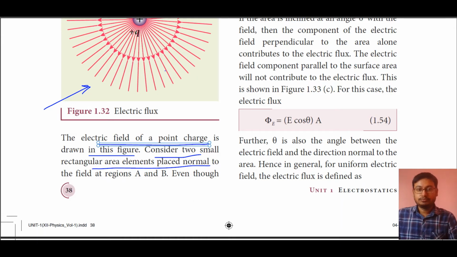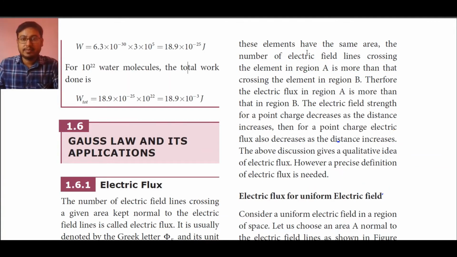Even though these elements have the same area, the number of electric field lines crossing the element in region A is more than that crossing the element in region B. Earlier we saw a positive charge with electric field lines coming out, and two regions A and B with the same area. From region A a high number of field lines pass, more than through region B. Therefore, electric flux in region A will be more than that of region B.